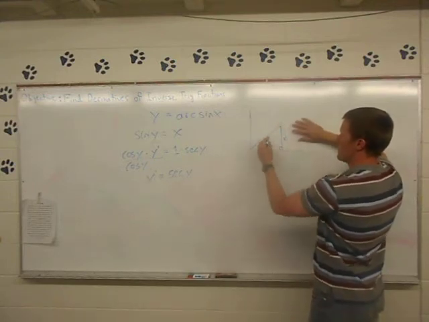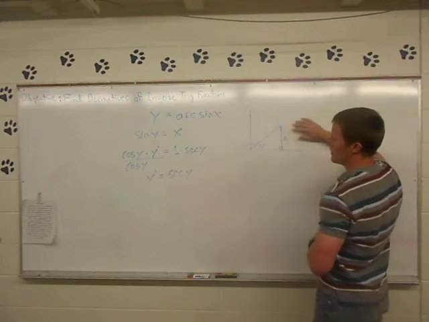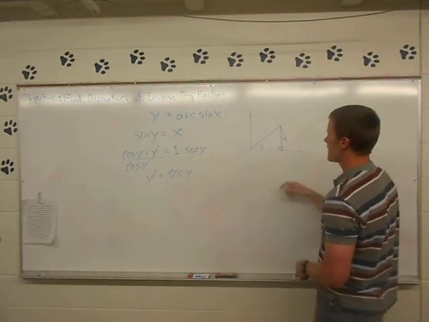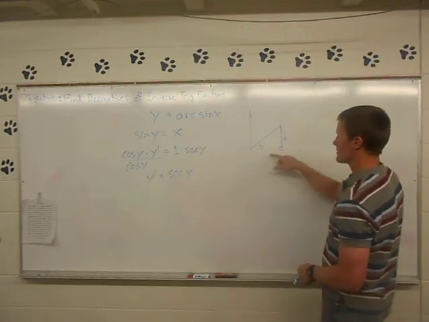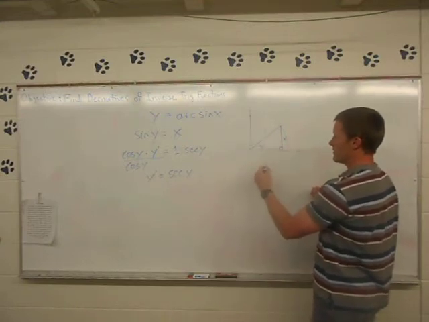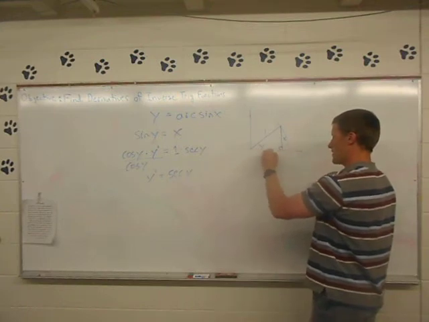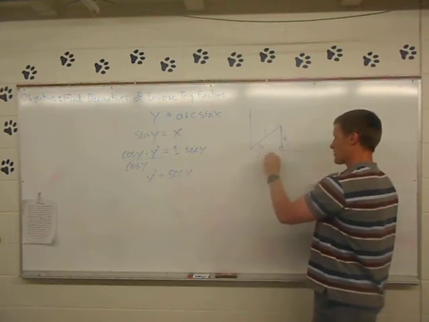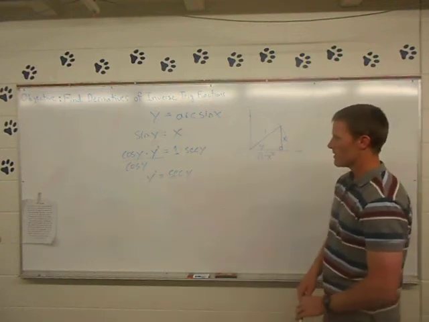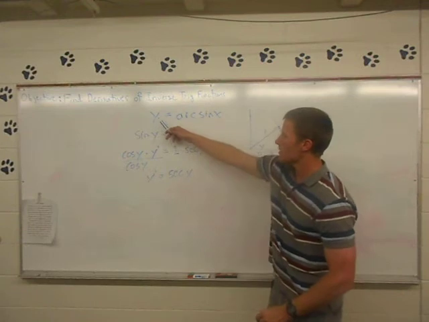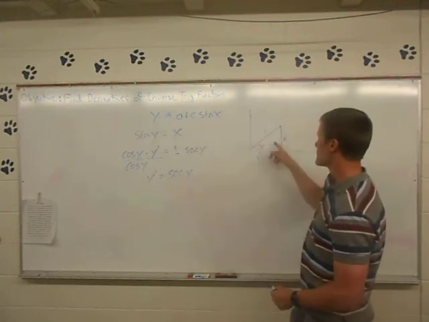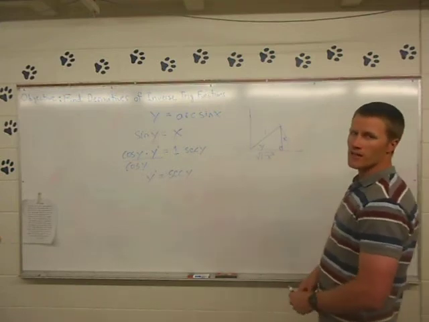So opposite to hypotenuse, x over 1. That would get it done. Now you use a little Pythagorean theorem to get the third side. X squared plus something squared has to equal 1 squared, or in other words 1 squared minus x squared would give us this squared. Any way you do it, you would get root 1 minus x squared for that side. So that's a little tricky, but realize y is the angle, x is the ratio, and that's the sine ratio. This is really the only triangle that can work.